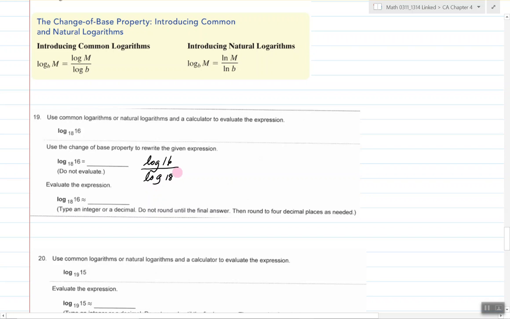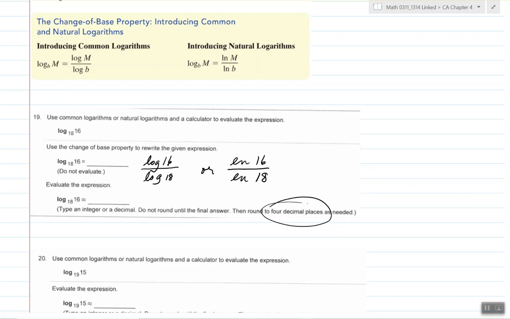That is one way the answer could be written. Or it could be the natural log of 16 over the natural log of 18. Either answer is okay. No matter which one you do, it wants you to then actually put it in the calculator, and it says do not round until the final answer, 4 decimal places.